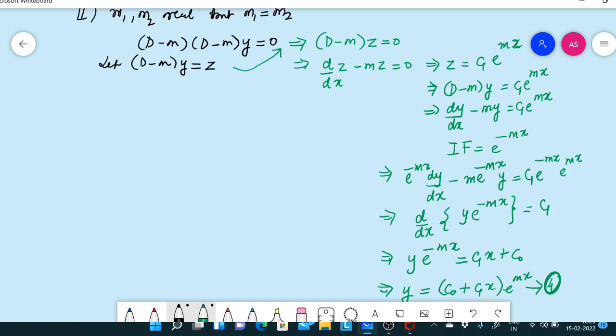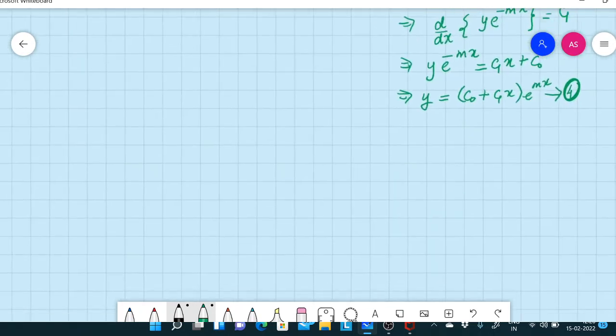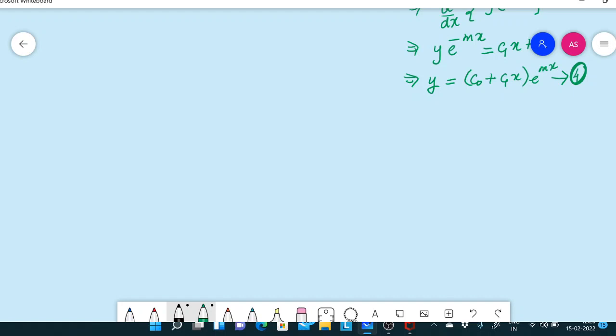So we have done the first two cases. Now we will do the last case, when the roots are complex, which will be our third case. This means m1 and m2 are complex.